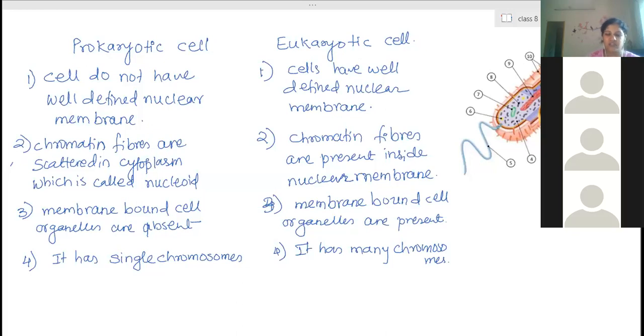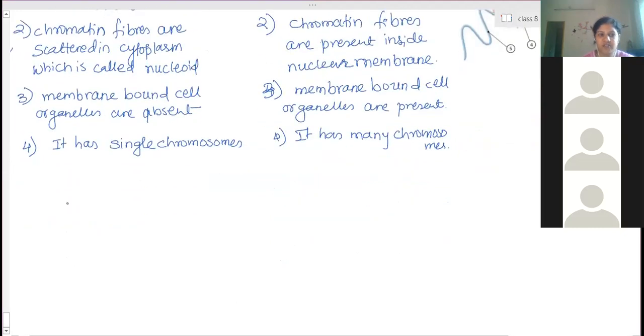Write down the point for the cell division also. If you have a point, cell division, write down. So cells divide for growth, or repair, or to replace the worn out cells. Cells divide and form new cells. Just like if you have a scratch on your skin, after 2 to 3 days the new skin is formed at that position.